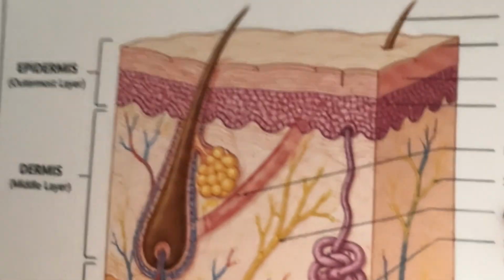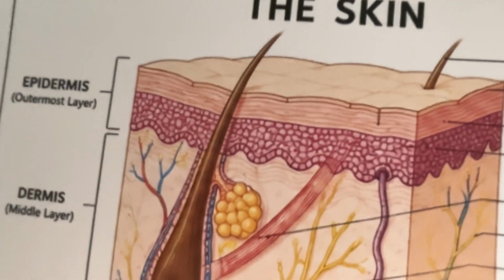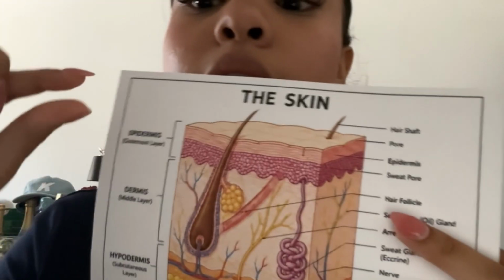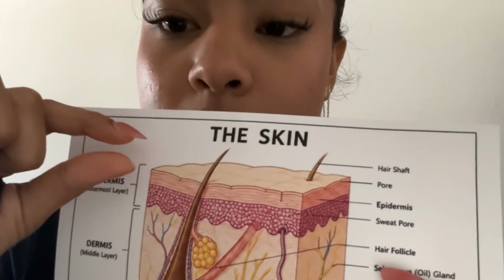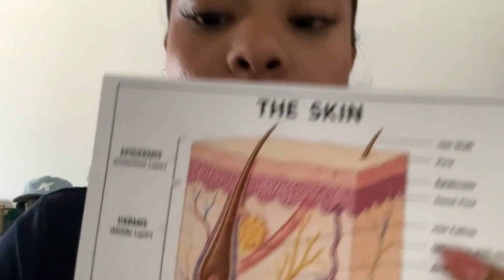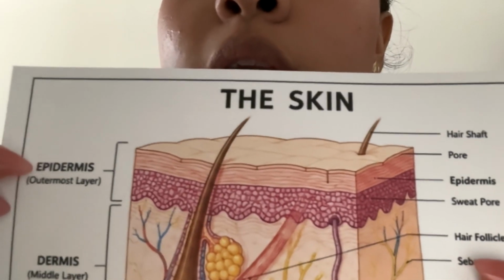And then we have the Langerhans cells, which are the immune cells that fight any infections. So this is what the epidermis is made up of. We have our touch, we have our sensitivity, we have what protects us, which will be in the epidermis.